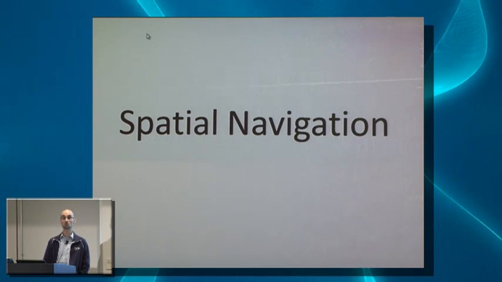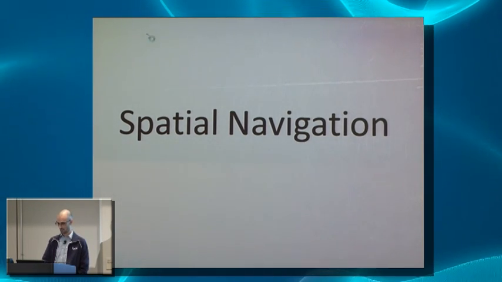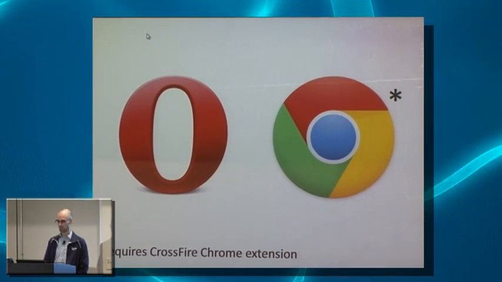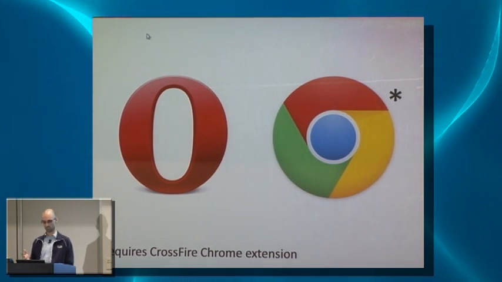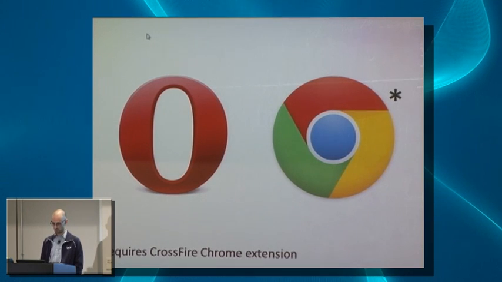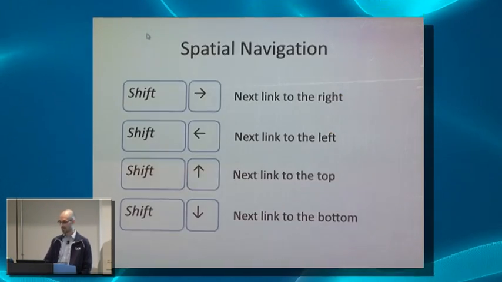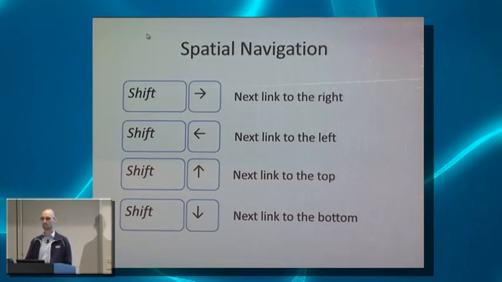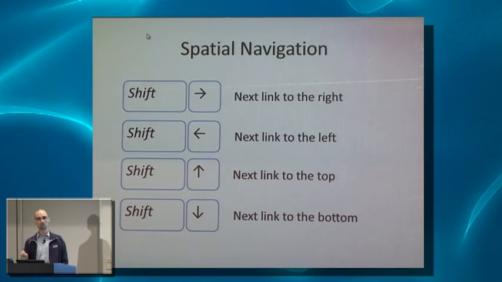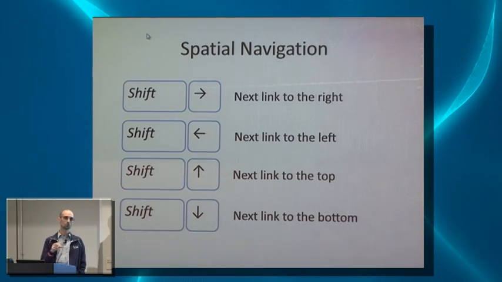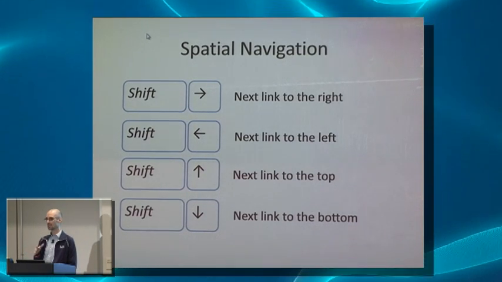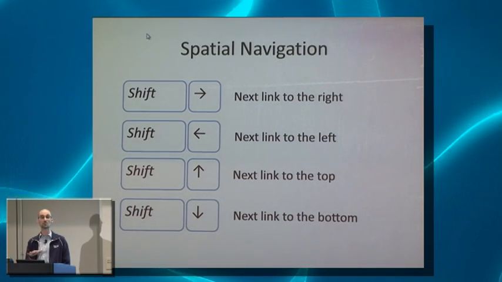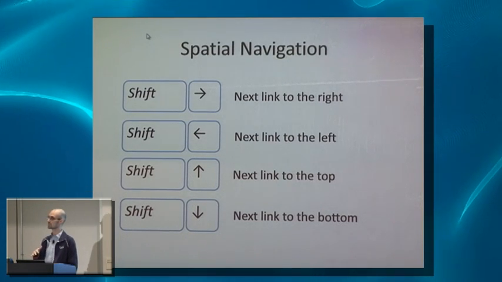Spatial navigation is this really cool thing. So Opera created it, and you can actually also do it in Chrome using this extension called Crossfire, which I do have installed. And spatial navigation is this interesting idea of you may actually want to navigate links and buttons by the way they appear on the screen rather than the way that they appear in the source.